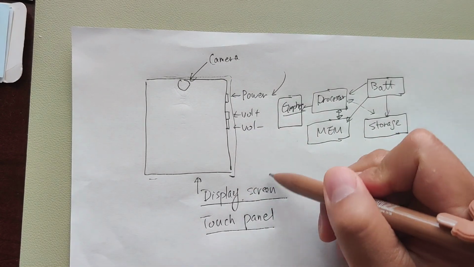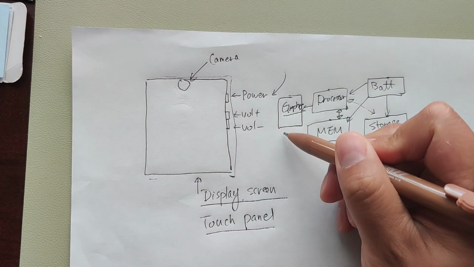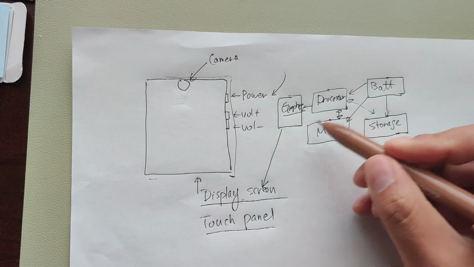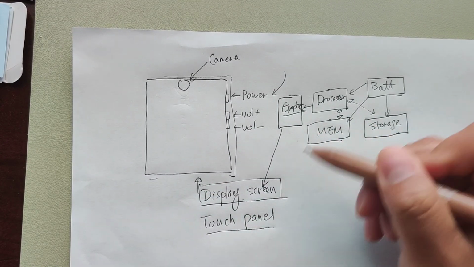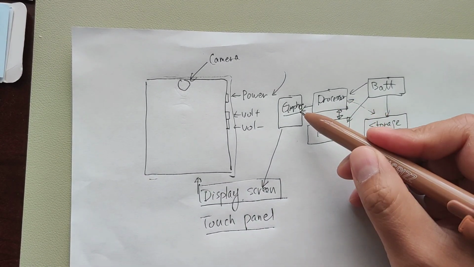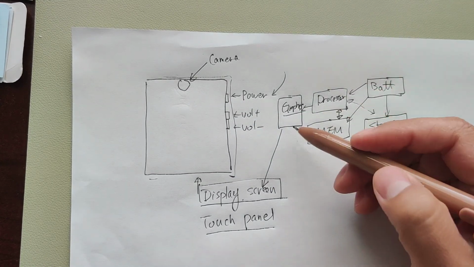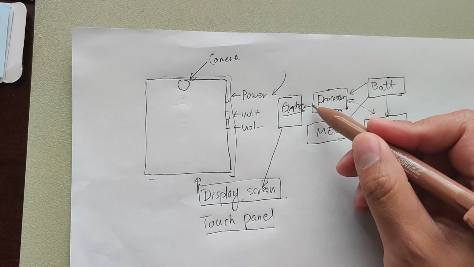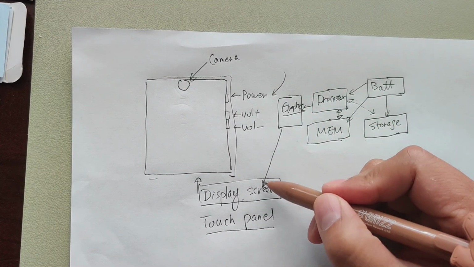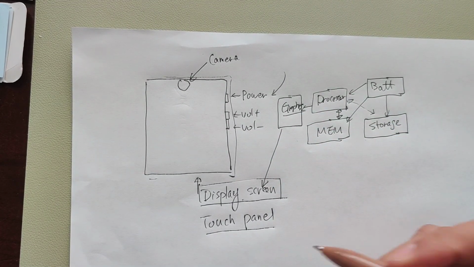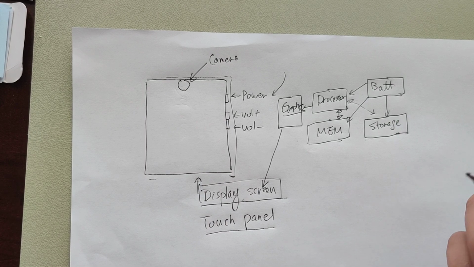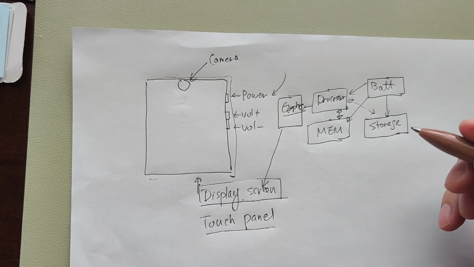Remember the display screen here. So let's go this way. The processor will ask the graphics unit to say, you guys go compute something and show that onto the screen. So go this way, compute and show here. Okay. You might ask, like, okay, how do they detect my touch events here, right?